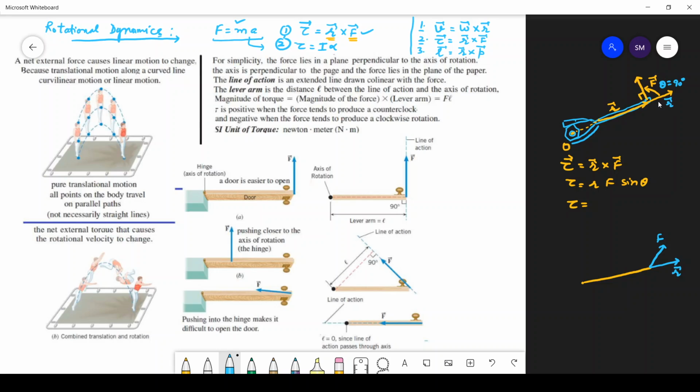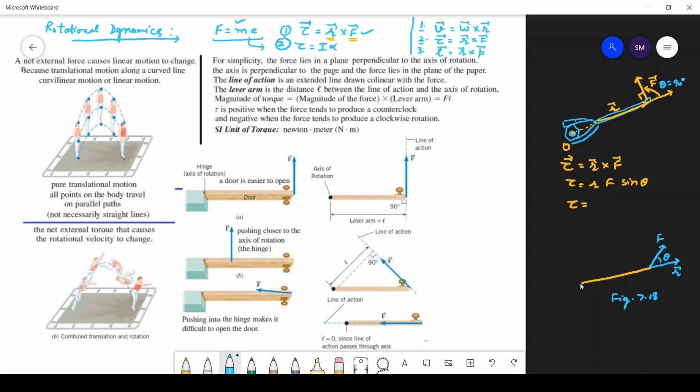This was the direction of vector R. So here the angle between the direction of R and F was 90 degrees, but here the angle is not 90 degrees. This is the figure which is there in our book, figure 7.18. So now I hope you have understood this figure.